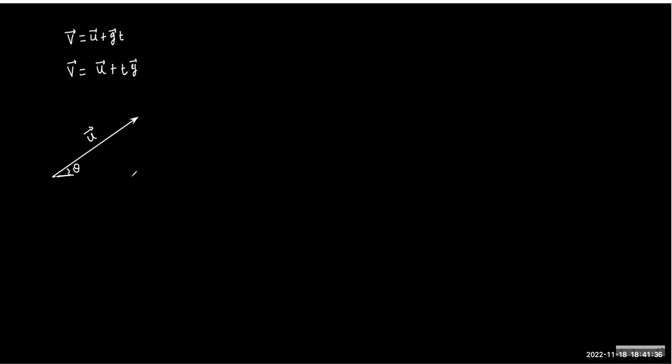Theta will remain the same. So what is the angle made by the V vector? How will the angle made by the V vector change? Tell me. Theta will be the same, because theta is theta, this is how you have thrown.